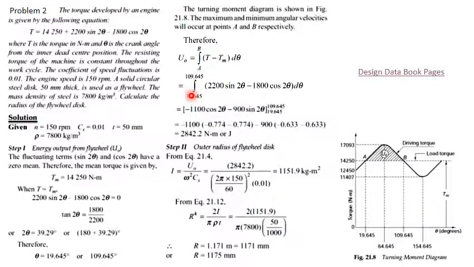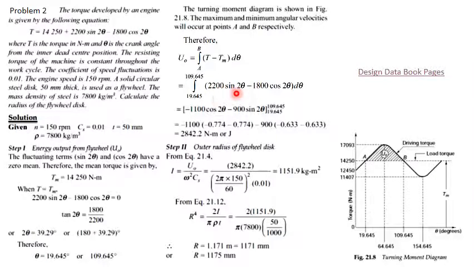So putting the value of theta and integrating this equation T minus Tm: if this is the value of Tm, then T minus Tm is equal to 2200 sin 2 theta minus 1800 cos 2 theta.